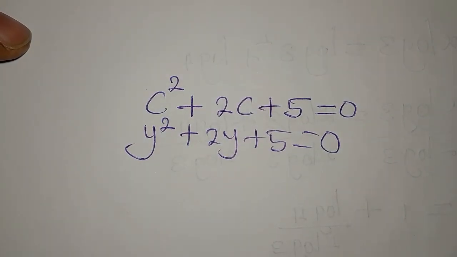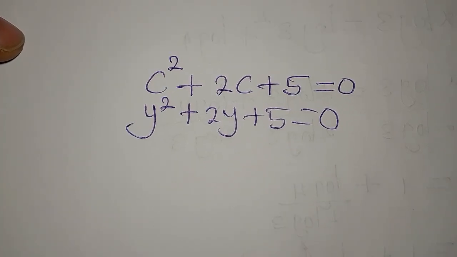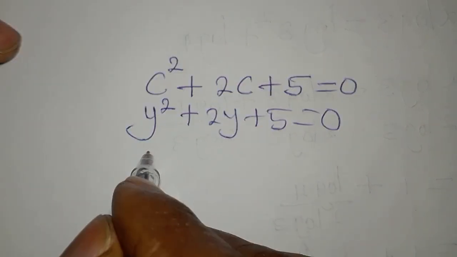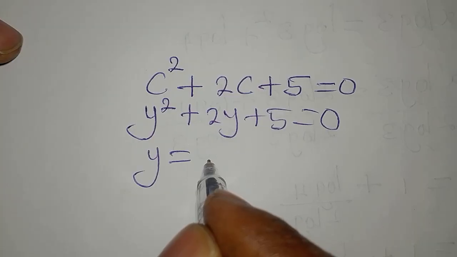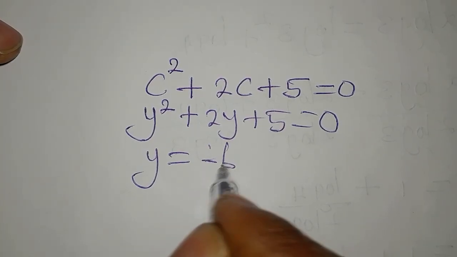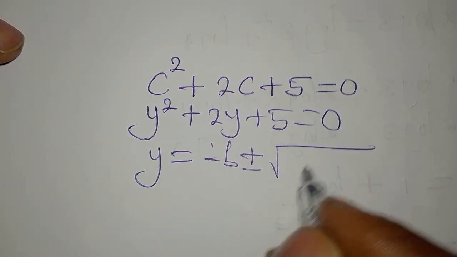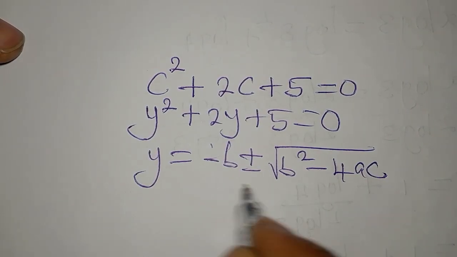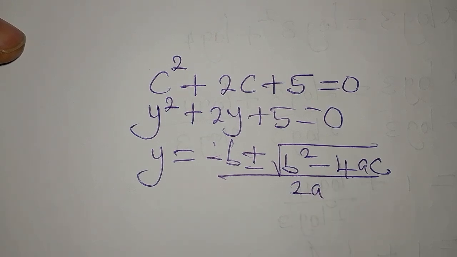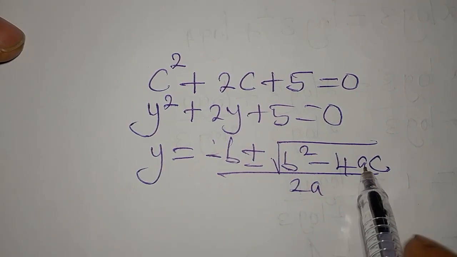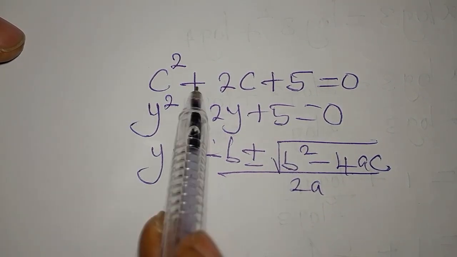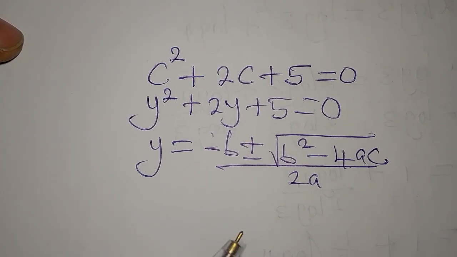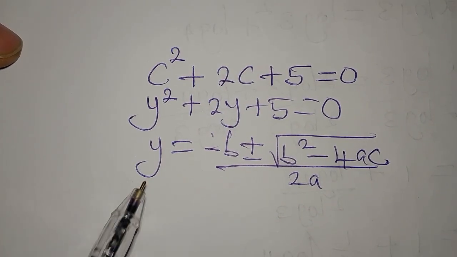And I will let you know why I'm using y for now, because the formula is y equals minus b plus or minus the square root of b squared minus 4ac all over 2a. We have c here, so I don't want to use the equation that will have c, right? But this y is representing the c.